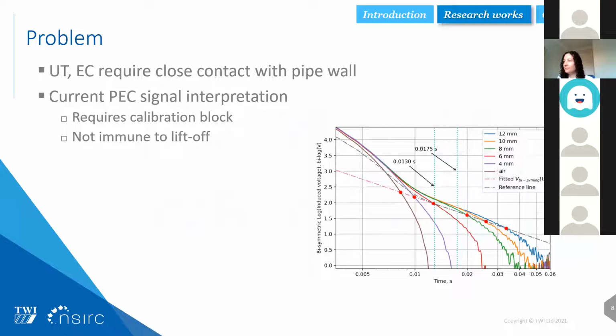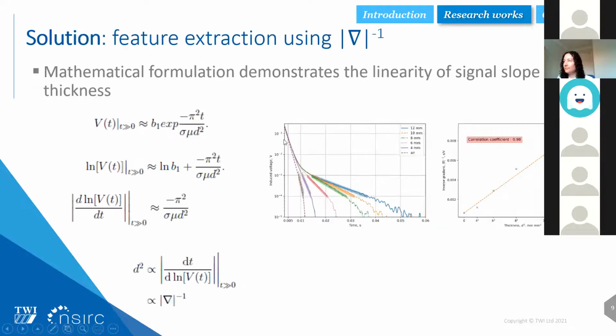And the current PEC signal interpretation requires a calibration block. At the same time, the technique is also not immune to lift off. So we get around this problem by proposing a feature extraction technique using the inverse gradient of the signals.